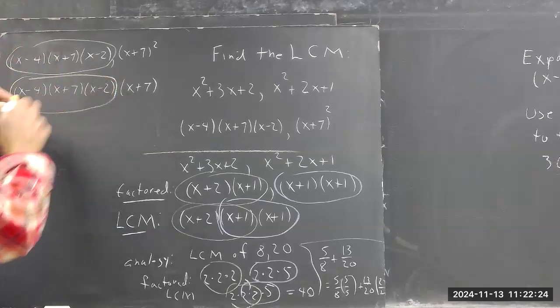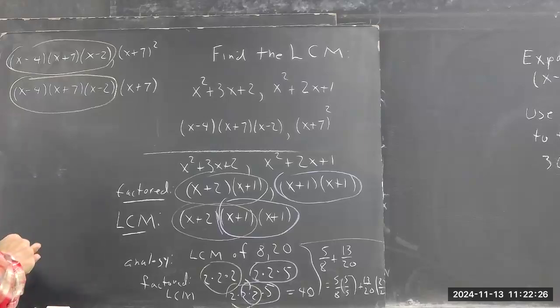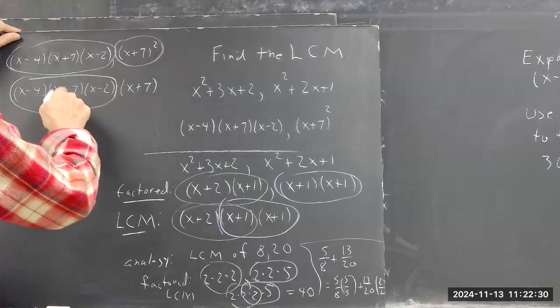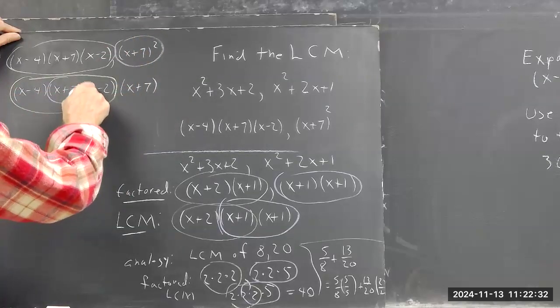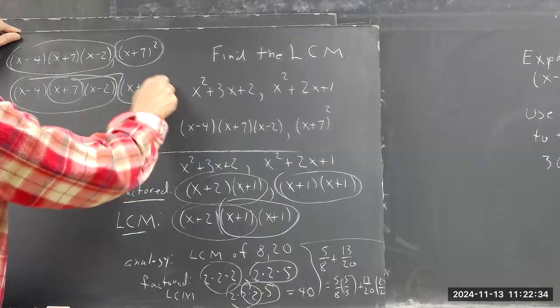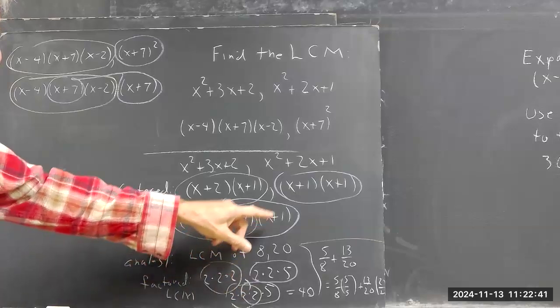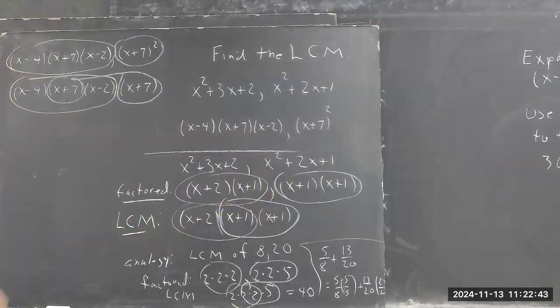So this one is here, and this one is actually between two factors that aren't right next to each other. Down here, we could circle the whole thing, the x plus 7 times x plus 7. It's split, but it's still there, and you can put them in any order you want.